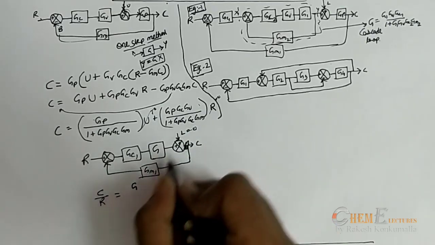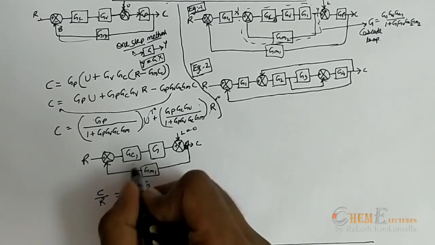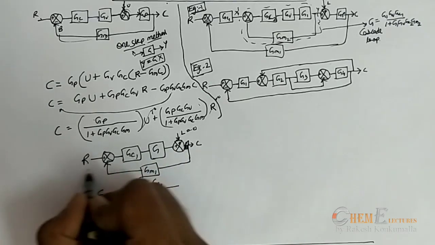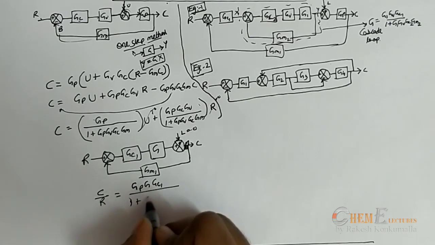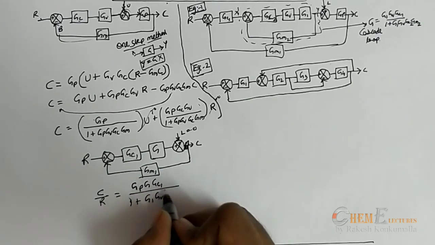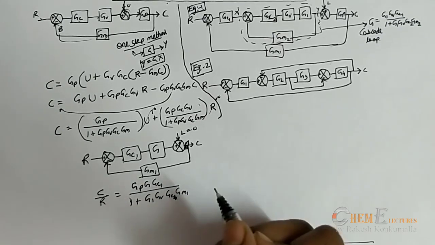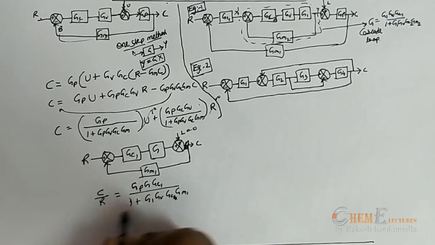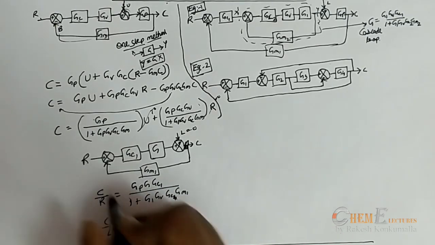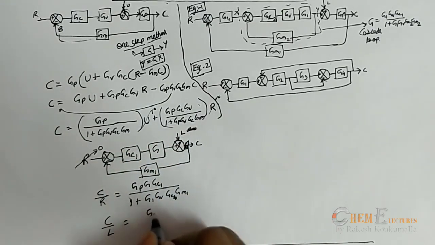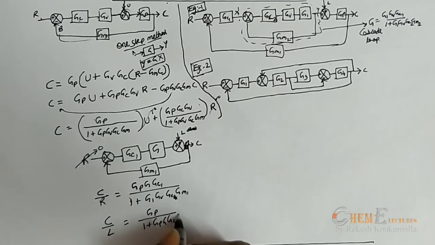So C by R is equal to GP G GC1, that comes in the path of C and R, divided by 1 plus the complete transfer function multiplication, G1 GC GC2 GM1 GC1 here. Similarly, C by L, when you take R as constant, will be GP by 1 plus GP G GC1 GM1.